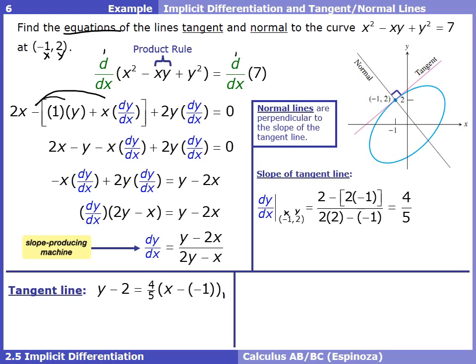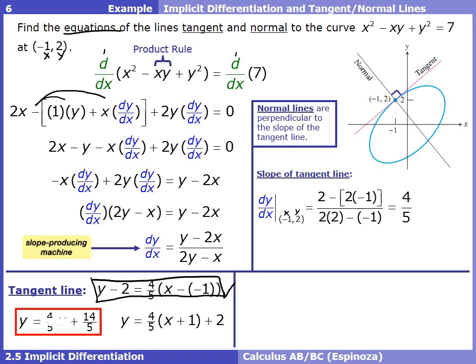Like you've seen in the past, it is perfectly acceptable to stop right there if this is free response or something like that, and box that as your answer. But again, just to give you the practice of seeing how to simplify these in case you would have to, I'll go ahead and simplify this down to y equals mx plus b format, and that's our final answer, 4/5x plus 14/5.